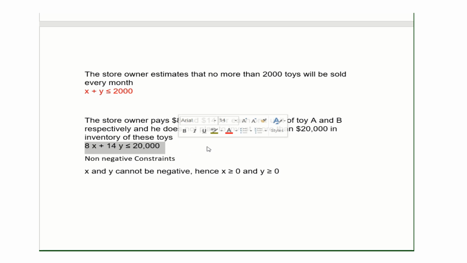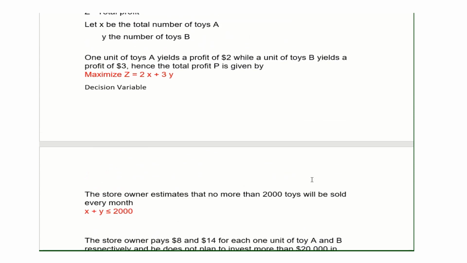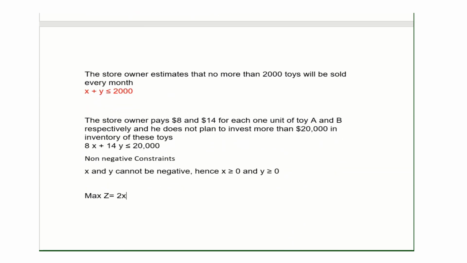A non-negativity constraint, which is always known: x and y cannot be negative, x and y will be greater than or equal to zero. So in this place, we can write it as: maximize z equal to 2x plus 3y.